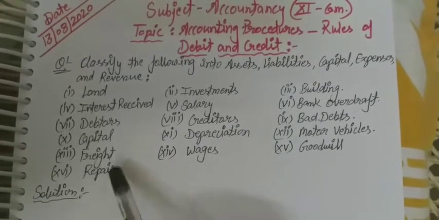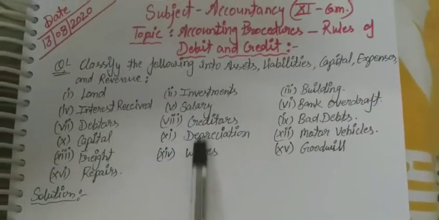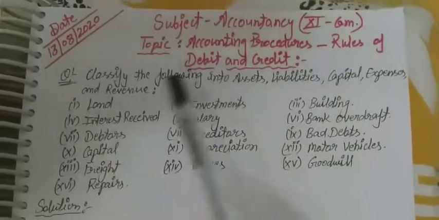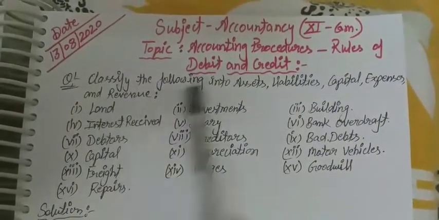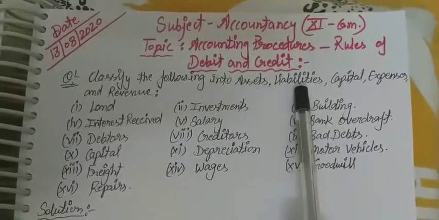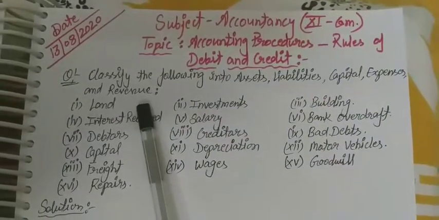Students, so according to these accounts, we have to classify which account will come under which head. Which one of the accounts is assets, which one is a liability, which one is capital, which one is expenses and revenue.